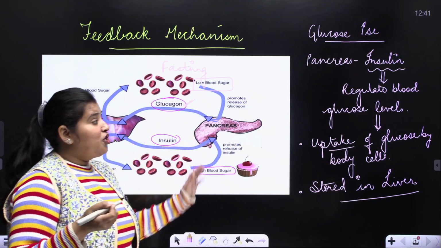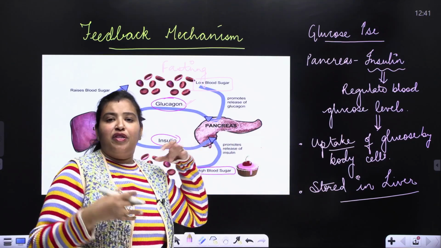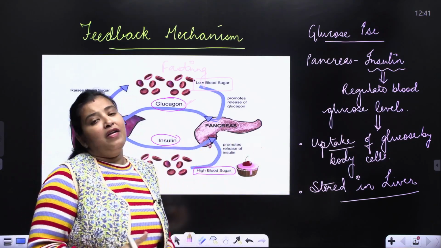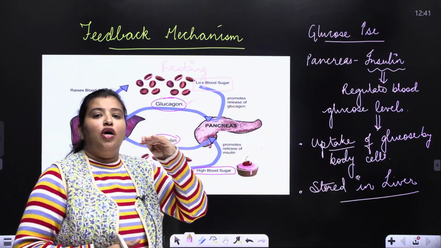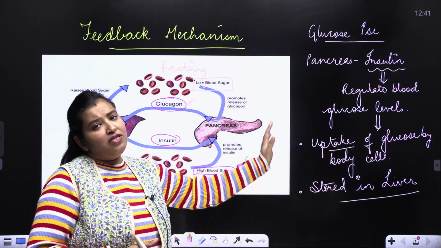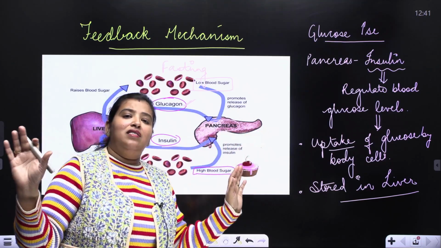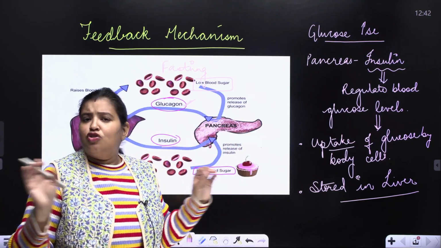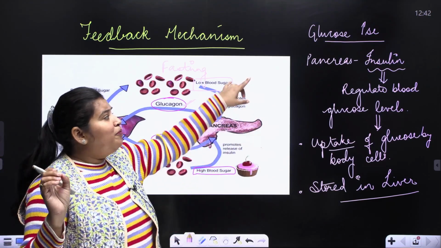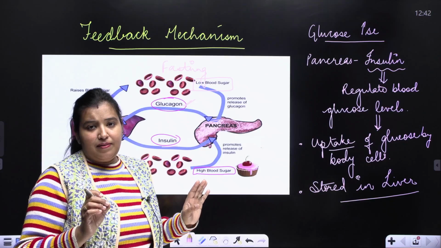All right. Initially, when we had a lot of food, when the glucose level was increasing, the pancreas was instructed to release insulin. When the blood levels got normalized, they got an instruction, they got a feedback that yes, the blood glucose level is now maintained. So you relax. So the production of insulin will stop from the pancreas.